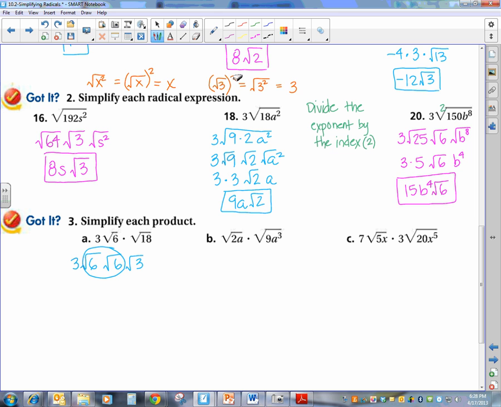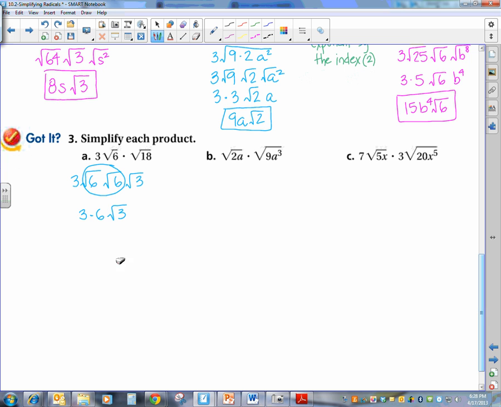The square root of 3 squared is 3. So the square root of 6 times the square root of 6, when you see two of them together, you get to write just 6. We're going to be seeing a lot of those. So 3 times 6, square roots of 3 becomes 18 square roots of 3.